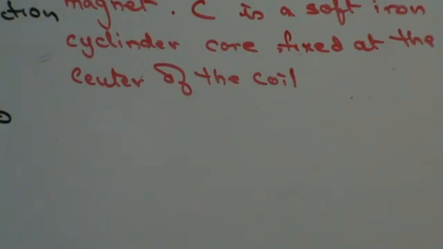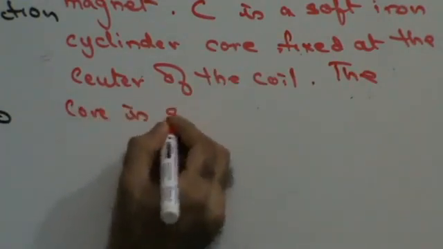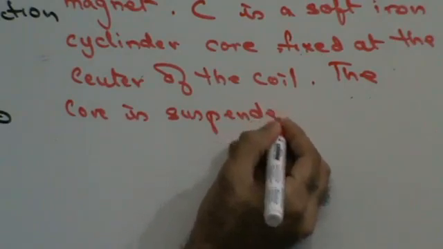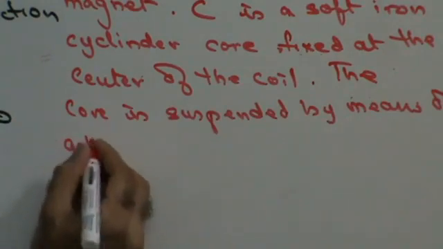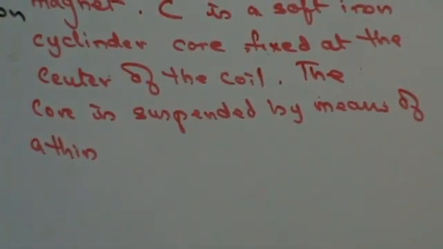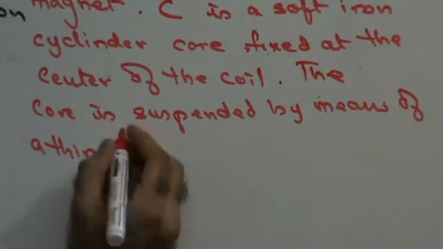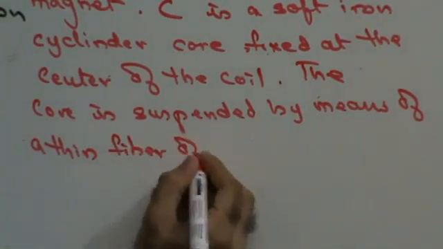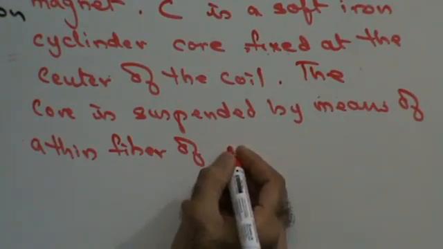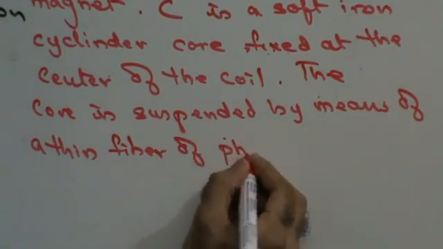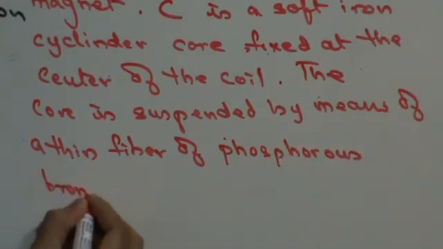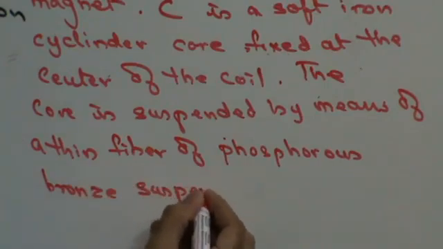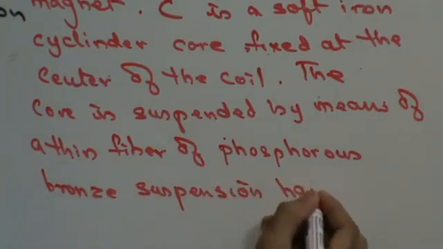Now, the coil is suspended by means of a thin fiber of phosphorus bronze suspension, having good elastic property.